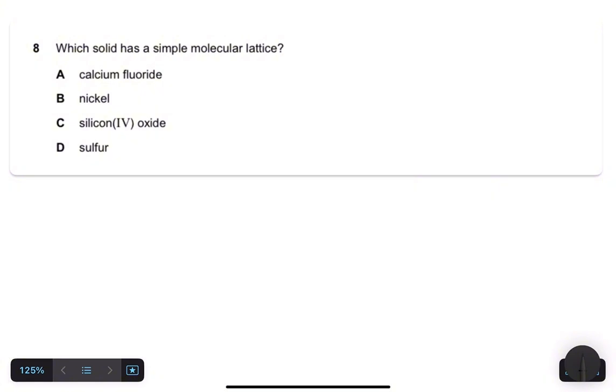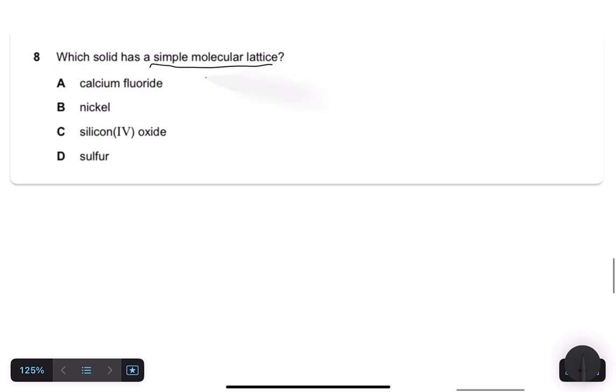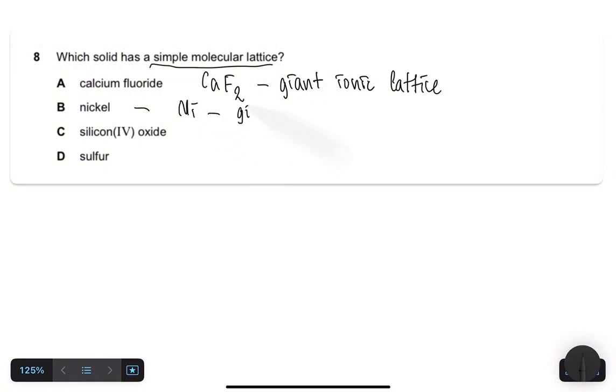Question 8. Which solid has a simple molecular lattice? So from the answers, calcium fluoride has a giant ionic lattice, and nickel is in the transition metals of the periodic table, so it is a giant metallic structure.